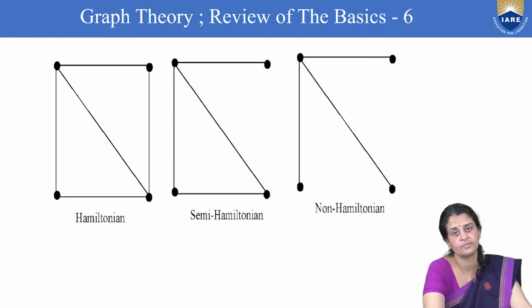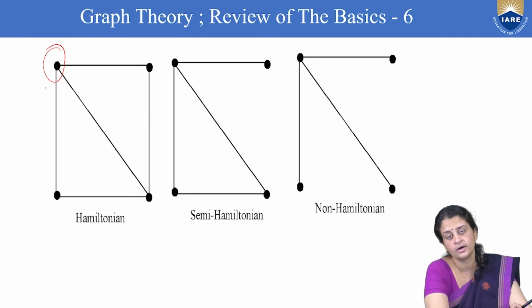Here we can see this Hamiltonian graph. If I start from any of these vertices, I can go through all of the vertices and reach back the original starting point, so it is Hamiltonian. In this next one, if I start from this vertex, I can go through this vertex. Can I reach back? No. It is semi-Hamiltonian, because I can find a tour through every vertex.